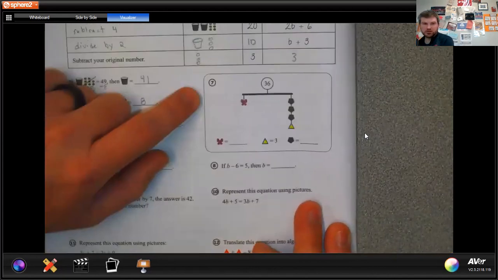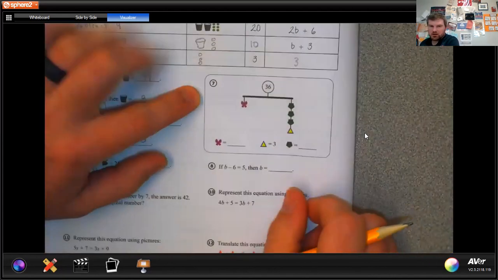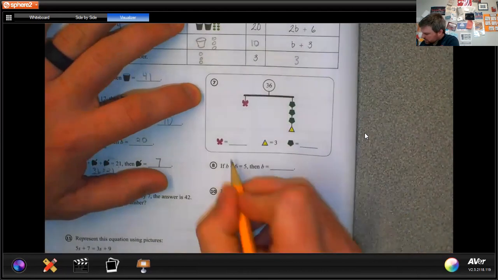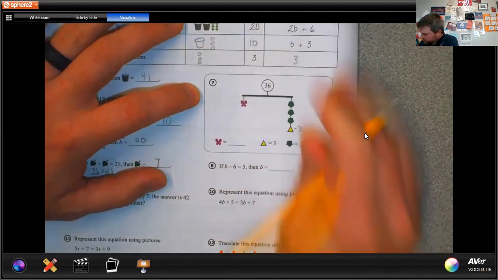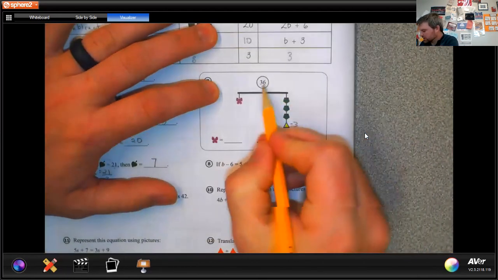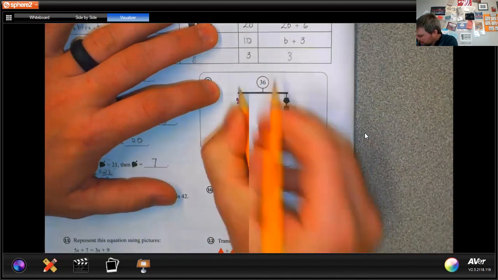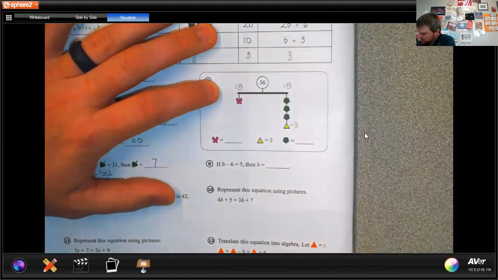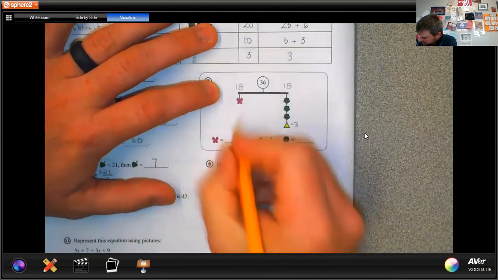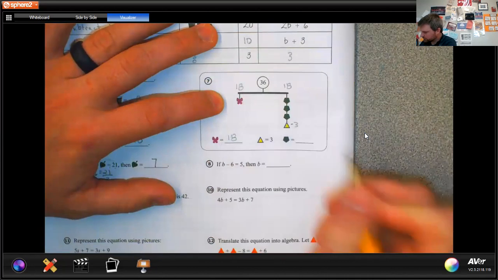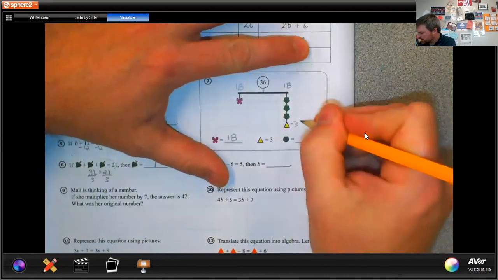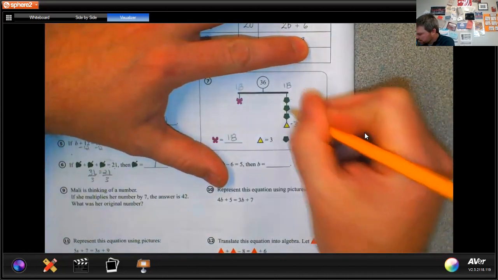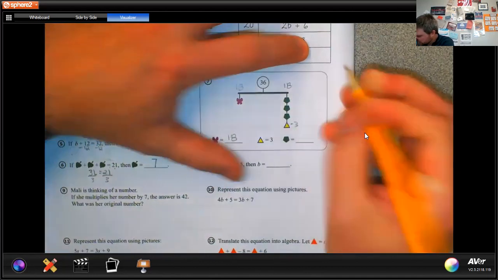All right, going over here to number 7. All right, we got a mobile. We know that a triangle is worth 3. Okay, the total is 36. So I split it up. I get 18 over here and 18 over there. So now I know a butterfly is 18. And I have 3 of these plus 3 has to equal 18.